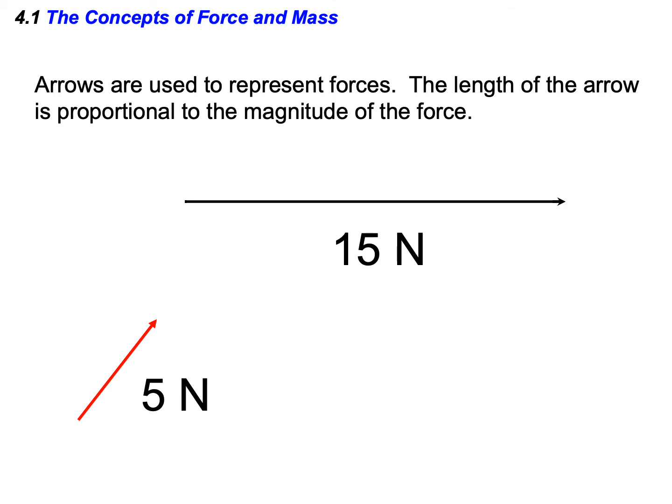Last week we talked about vectors, and force is also a vector, which means it has a direction and also a magnitude. So when we draw a force, we need to draw a line along that force, and we need to have an arrow which represents the direction and also magnitude.